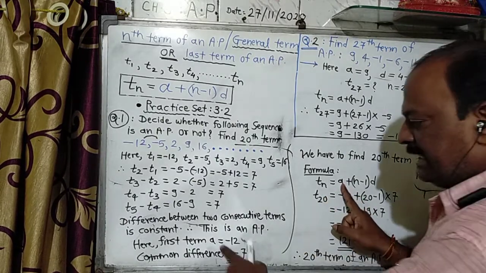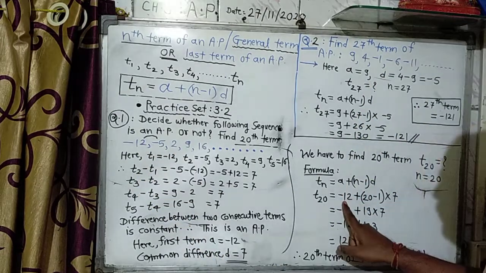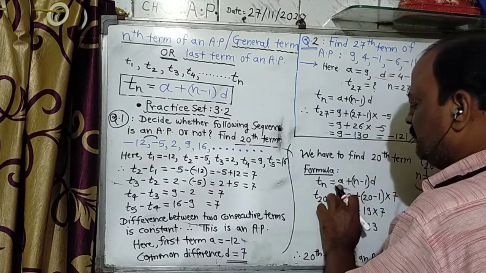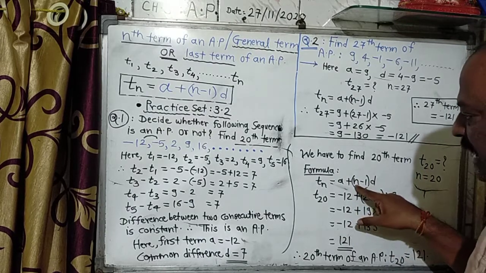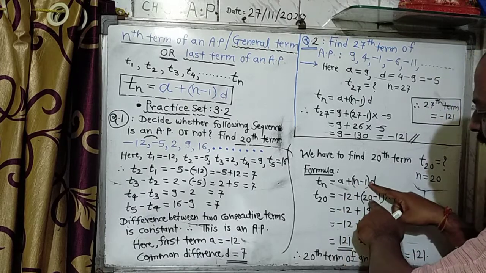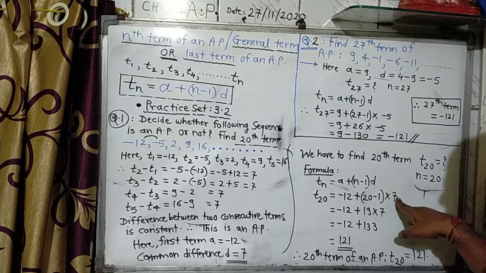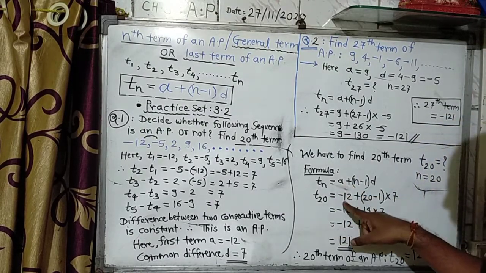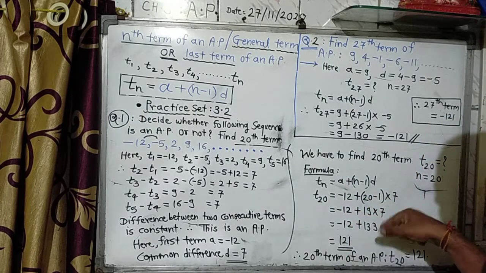The 20th term means T20. The value of A, the first term, is minus 12. So minus 12 plus n minus 1, where the value of n is 20, minus 1 into D. The common difference is 7. T20 is equal to minus 12 plus 20 minus 1, that is 19, into 7.